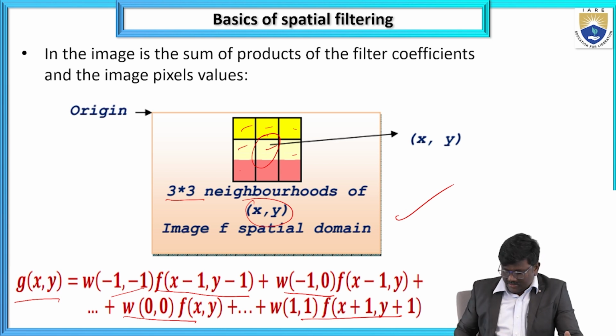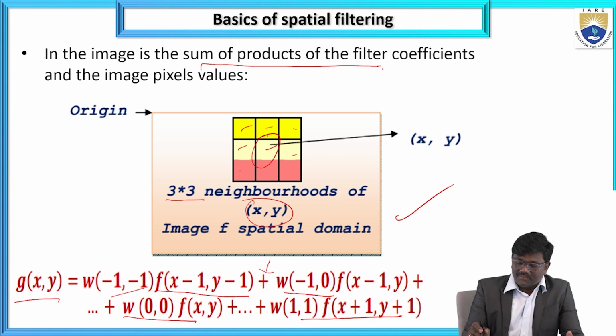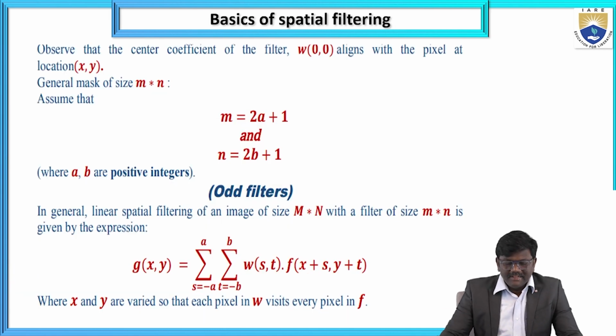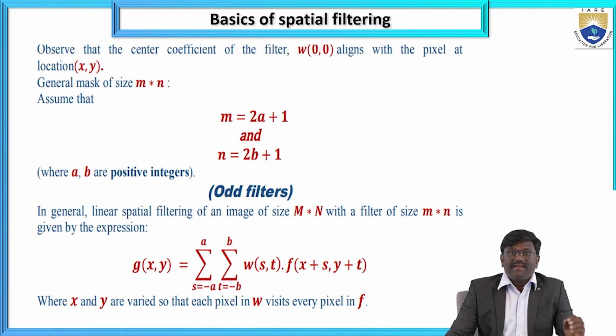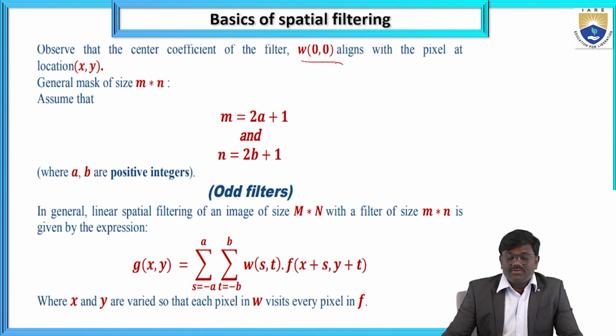By summing all together, the sum of products of filter coefficients and image pixel values gives the image in the spatial domain. In spatial domain filtering, the center coefficient of the filter, w of 0 comma 0, aligns with the pixel at location x comma y.